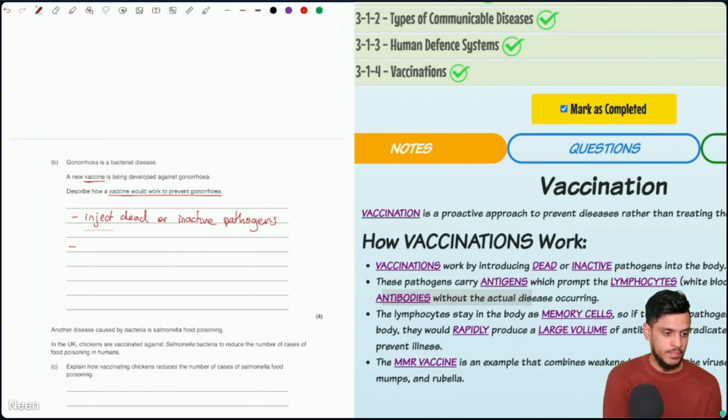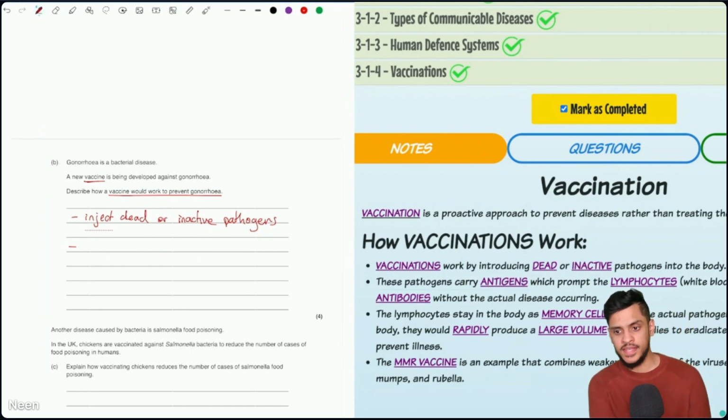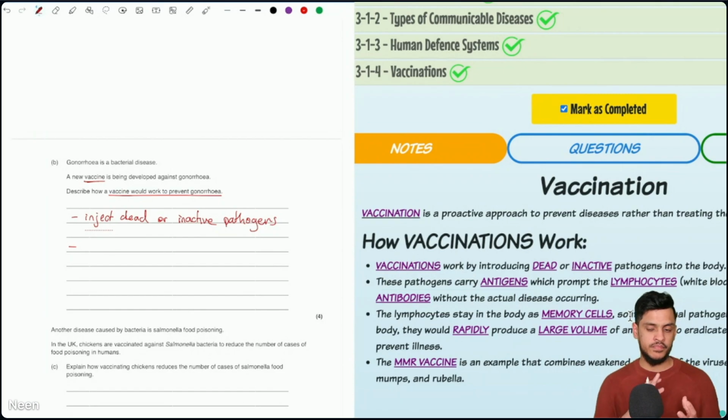So let me explain what happens. When you put in the dead or inactive pathogen, you're making the body think that there's a real disease in there because of the antigens. The antigens are the things that surround the pathogens. So the white blood cells will release antibodies to fight that pathogen.